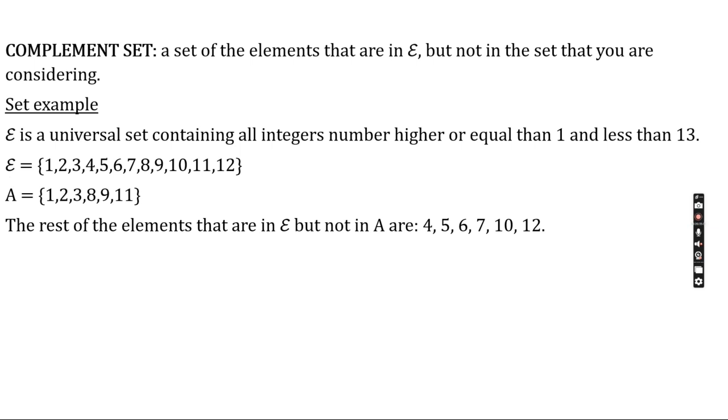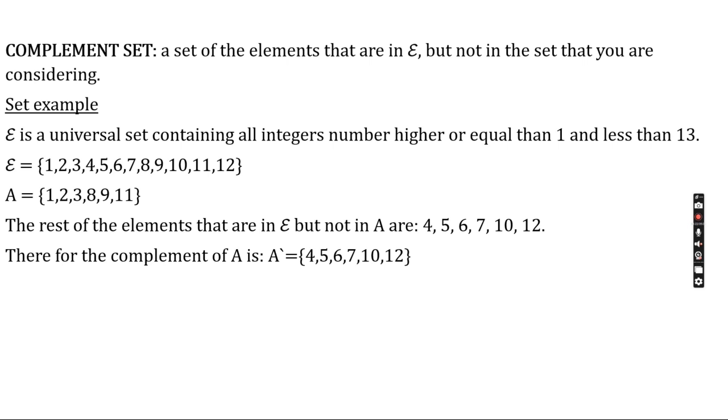So if you want to define a new set with those elements that are not originally in A, then the complement of A are those numbers. The complement consists of the values that are in the universal set but are not in A. They are the numbers that are missing from A to have all the elements of the universal set.